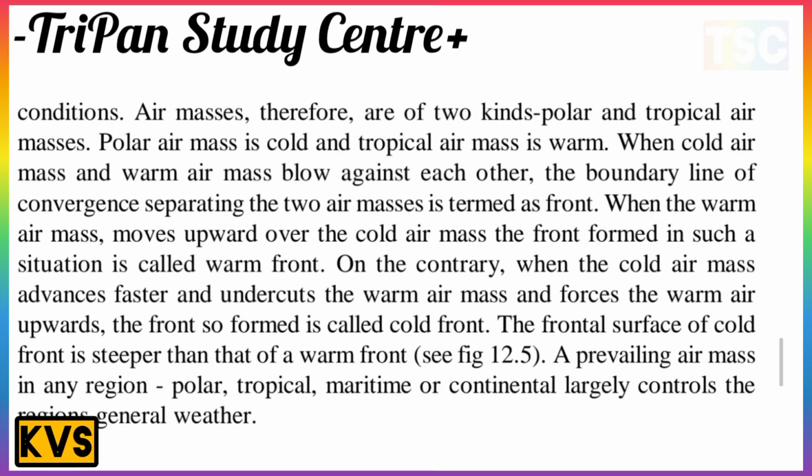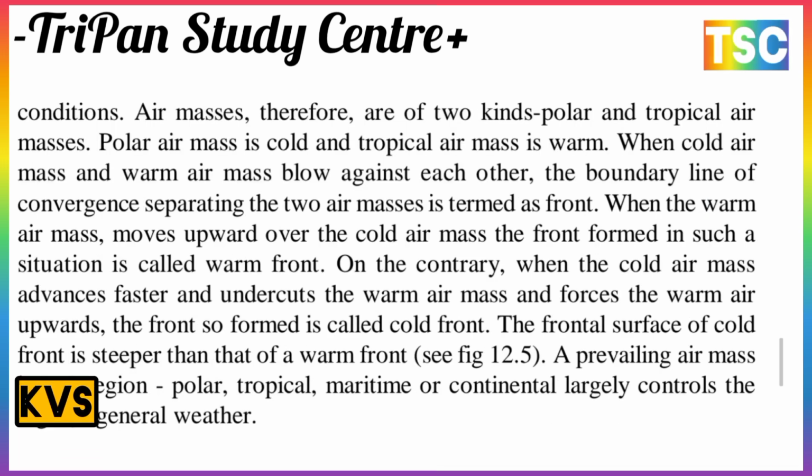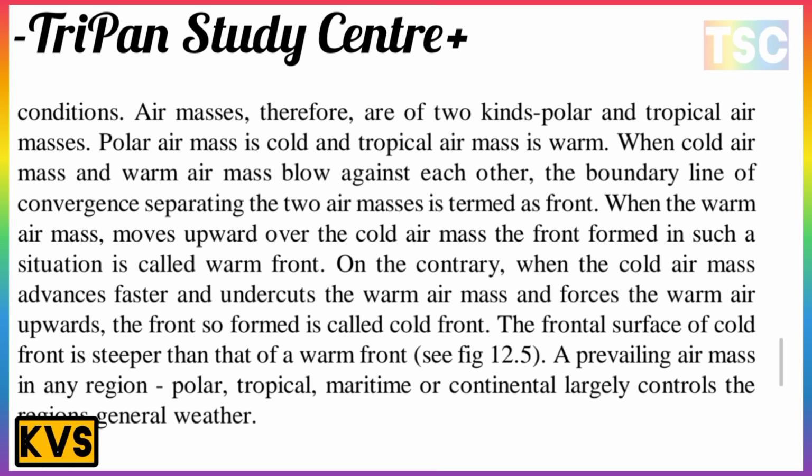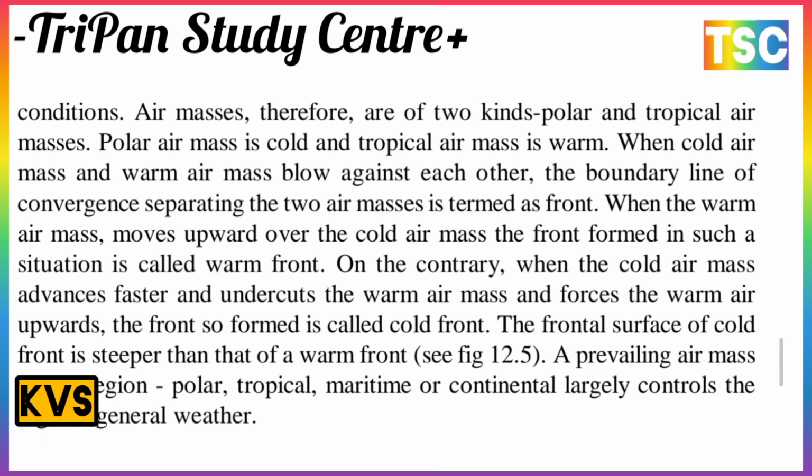When a cold air mass and a warm air mass blow against each other, the boundary line of their convergence separating the two air masses is termed a front. When the warm air mass moves upward over the cold air mass, the front formed in such a situation is called a warm front.